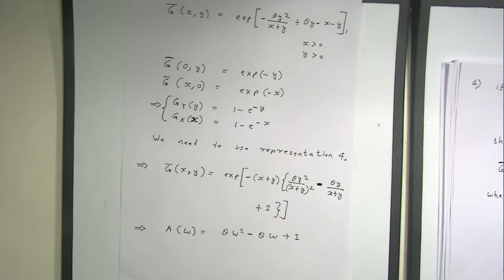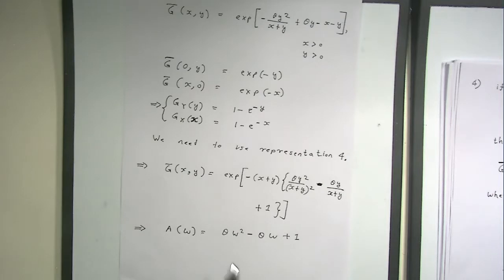So our function A, looking at these 3 terms, is theta omega squared minus theta omega plus 1. Is that clear, guys, or no? Yes. Good. Are you guys okay? Come on, guys. You're not looking at my lectures or what?